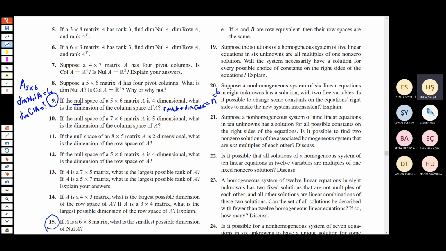Therefore, we have 6 here, and we know the dimension of the null space is equal to 4. Therefore, rank A becomes 2. And rank A is also equal to the dimension of the column space. That's it. There is no problem. The others are similar. Please discuss yourselves.